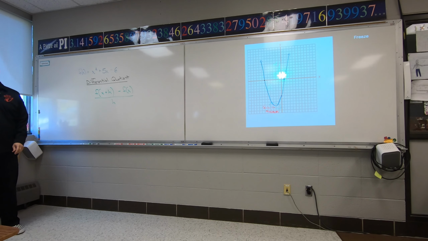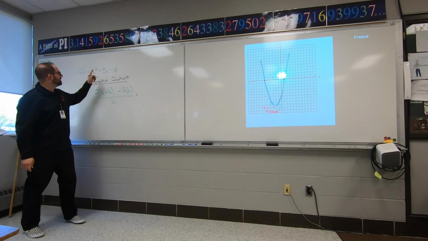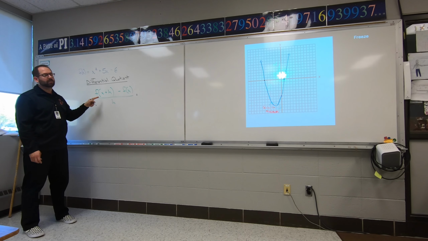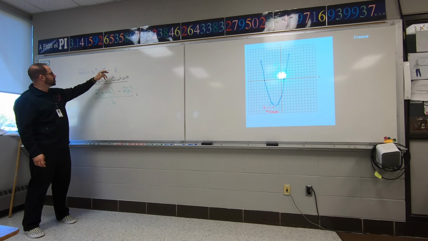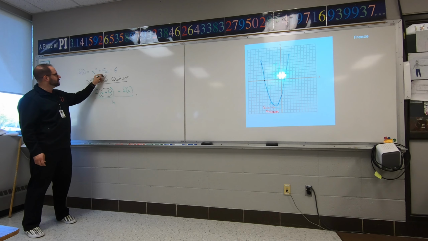All right, we ready to go here? Okay, so here's what we need to do first. I'm going to take my function, this is my f of x. I'm going to plug it into this mess. What I mean by plugging in here is that I'm taking my function and using this as my variable, and I'm plugging into all the x's.